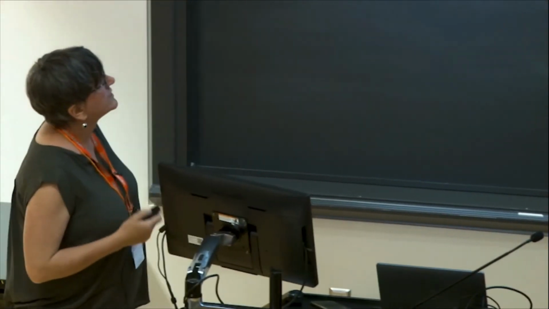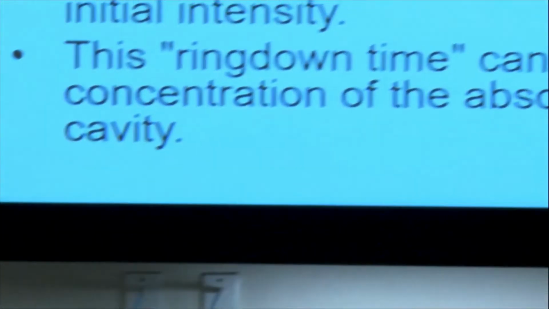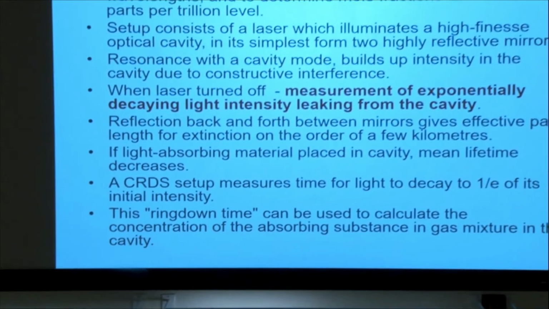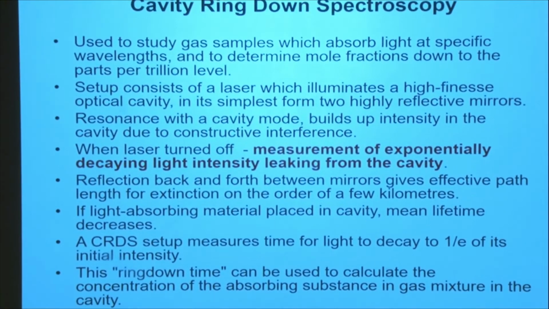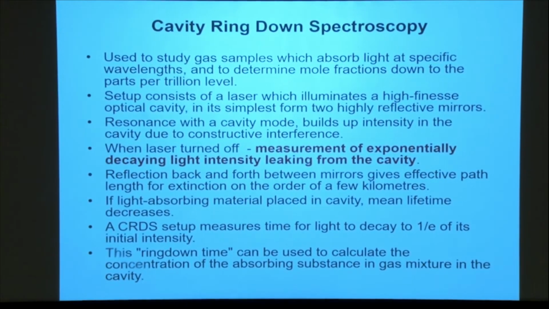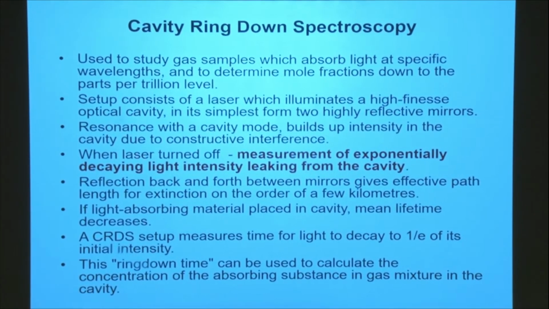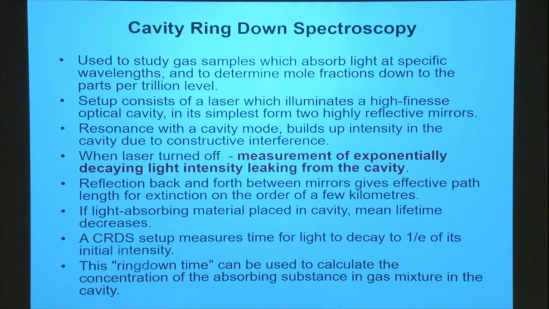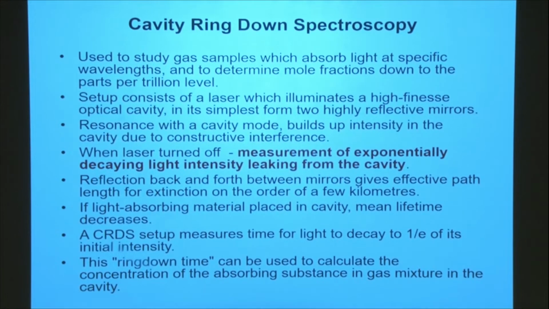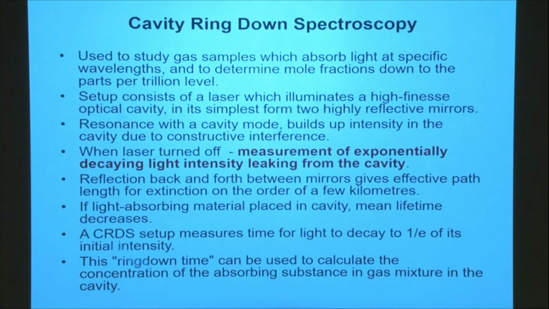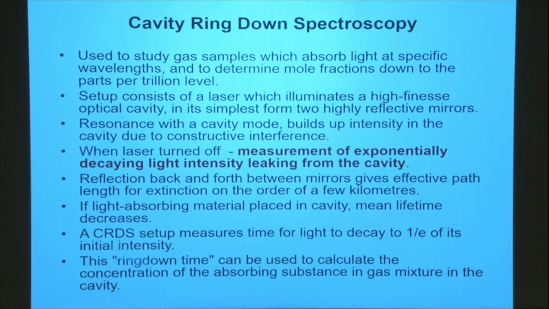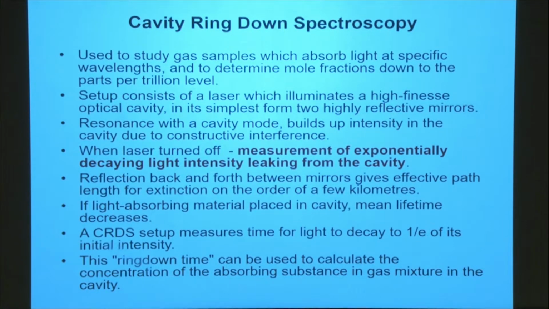Cavity ring down spectroscopy is probably one of the higher sensitivity techniques, and the reason is the extensive path length in this system. What we've got here is a cell which has high quality mirrors, technically called a high finesse optical cavity. In its simplest form, that's two highly reflective mirrors.